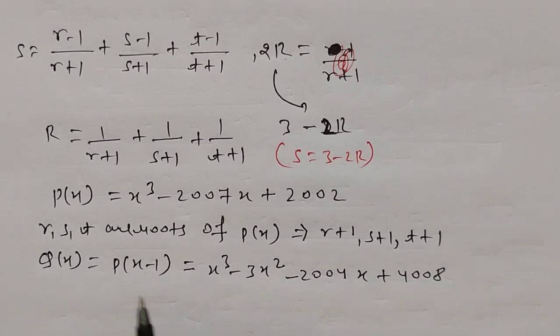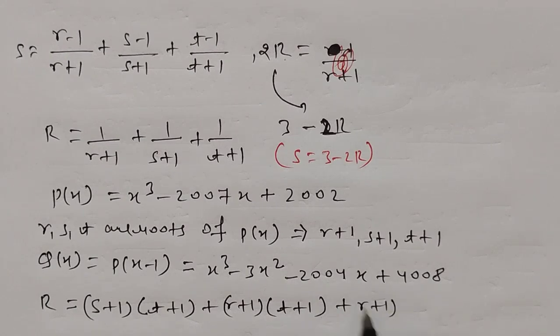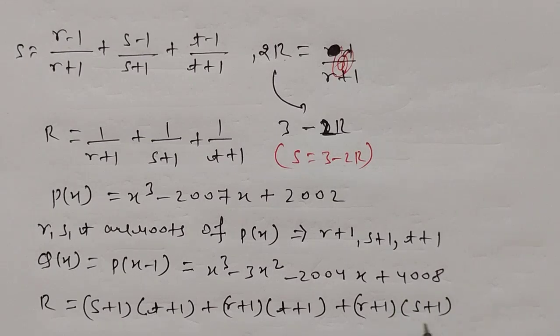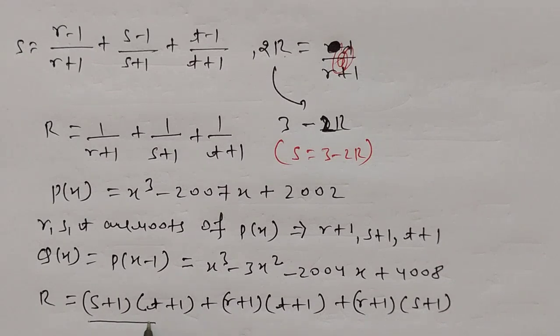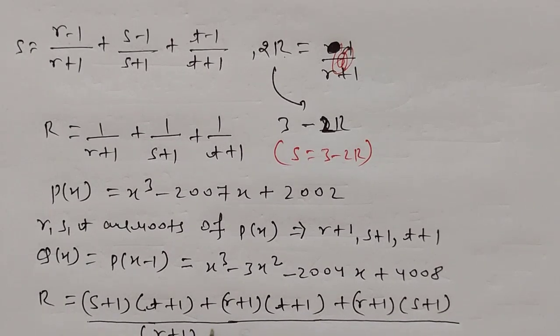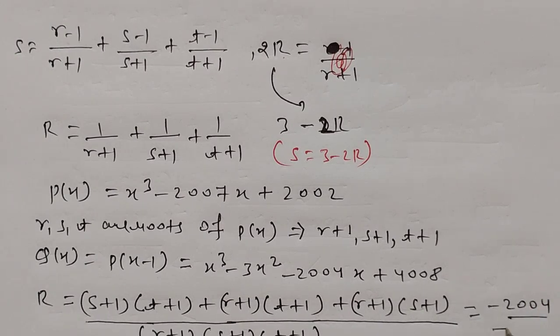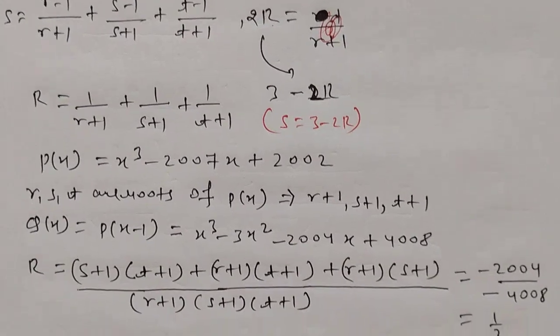Now by Vieta's theorem, the sum 1/(r plus 1) plus 1/(s plus 1) plus 1/(t plus 1) equals the sum of pairwise products divided by the product of r plus 1, s plus 1 and t plus 1, which is simply minus 2004 by minus 4008, equal to 1 by 2.